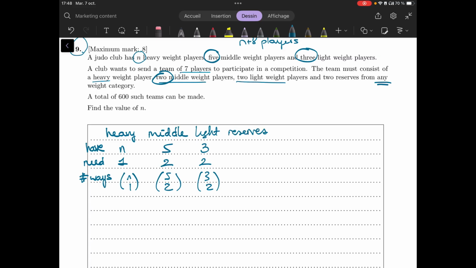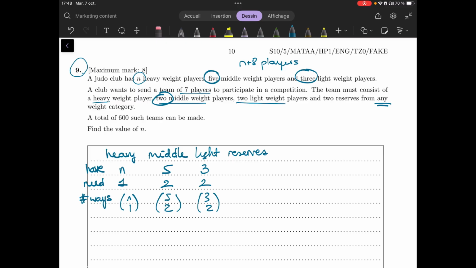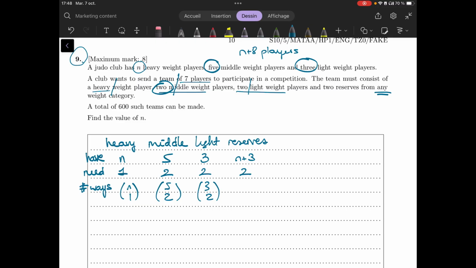Reserves. How many do we have? We have a total of N plus 8. We have picked 1, 3, 5. We have picked 5 people. So we have N plus 3 to be selected. How many do we need? 2. How many ways can we choose 2 from N plus 3?